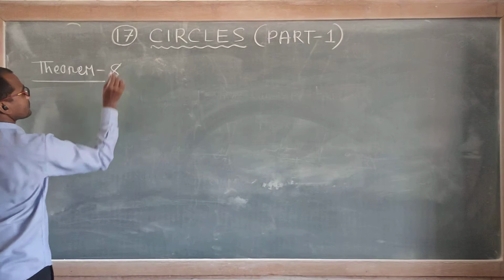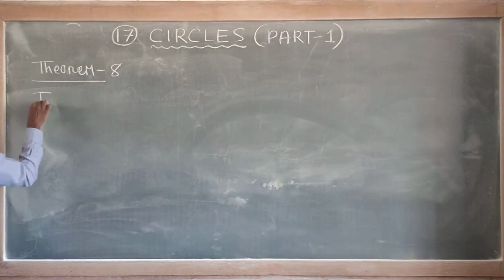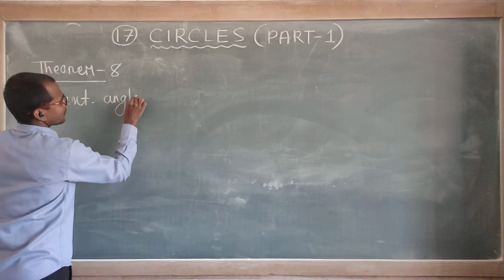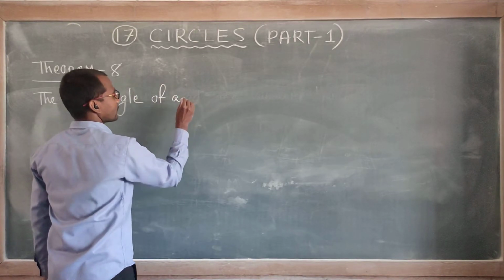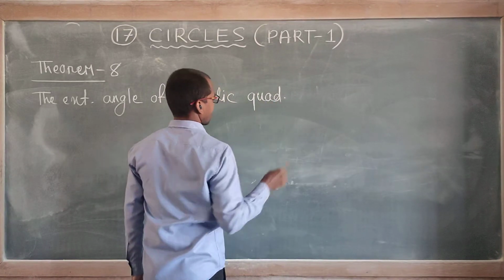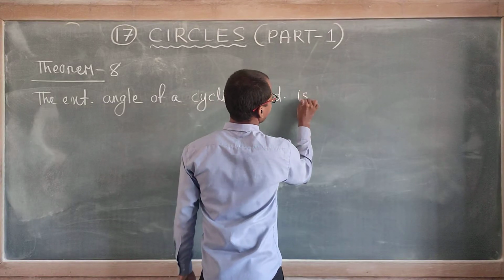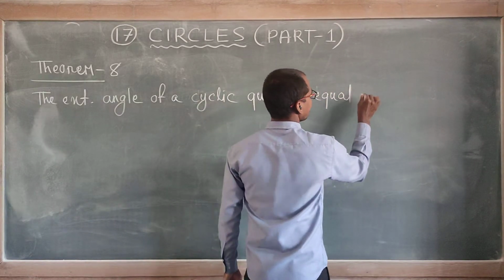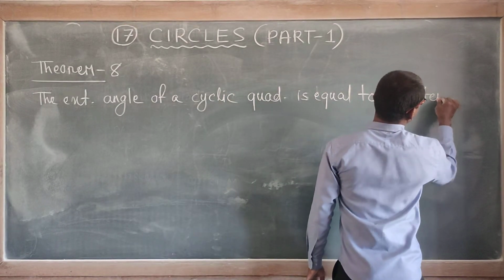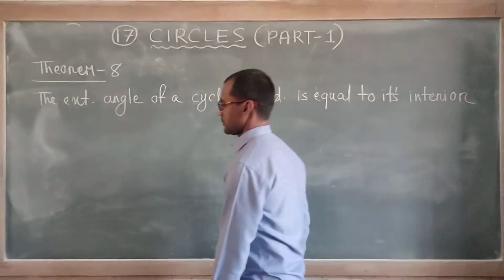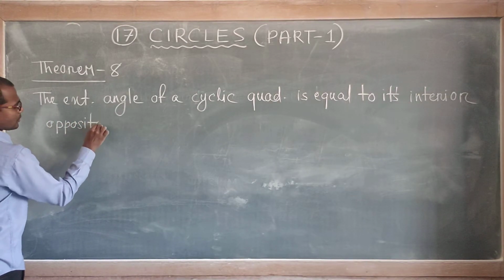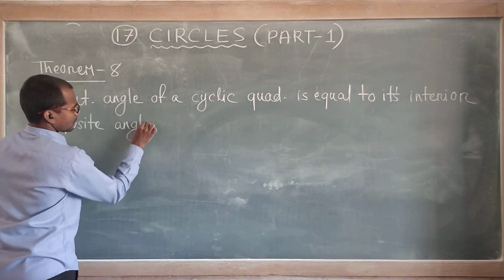Next is theorem number 8. The exterior angle of a cyclic quadrilateral is equal to its interior opposite angle.